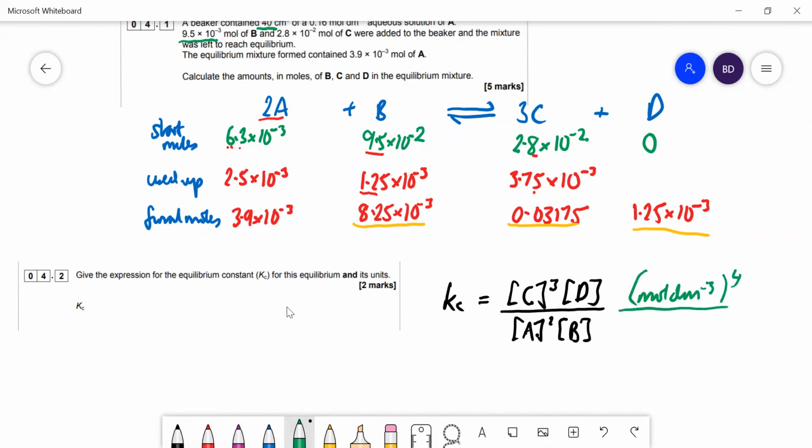And we've got 3 on the bottom. So that 3 is going to cancel out on that 4, so the units are just going to be mole per decimeter cubed.